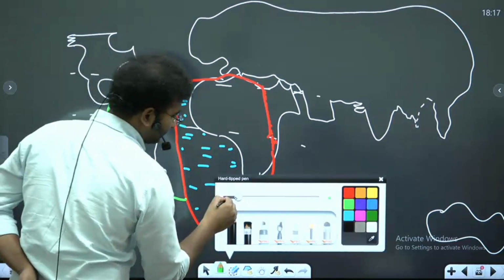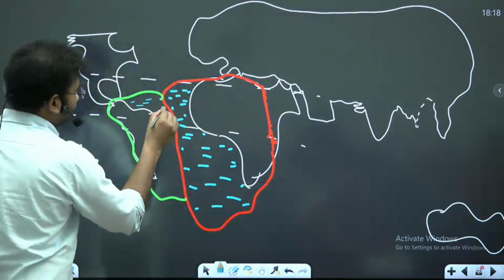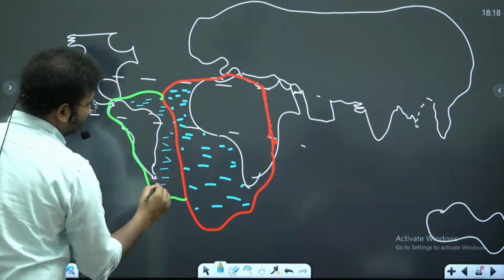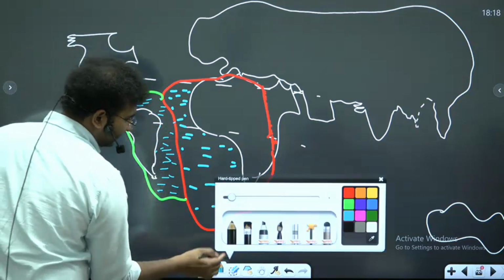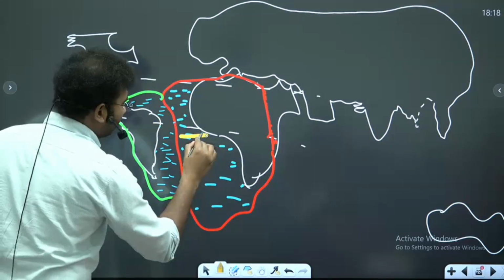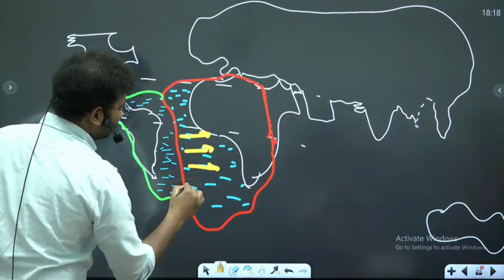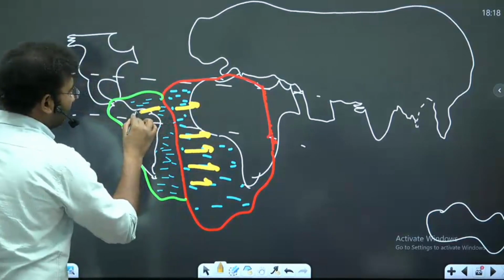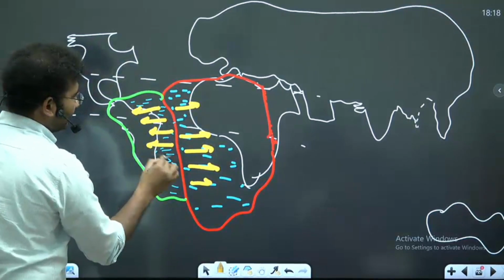It also has water. Now the directions of these plates are like this. This plate moves in this direction and this plate moves in this direction.